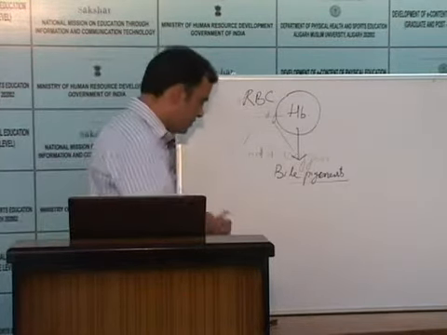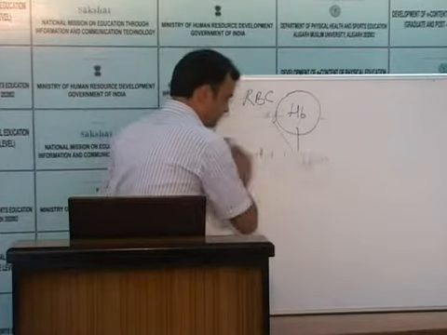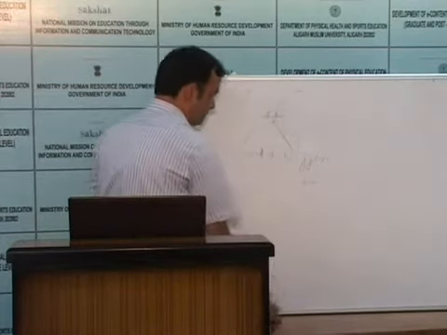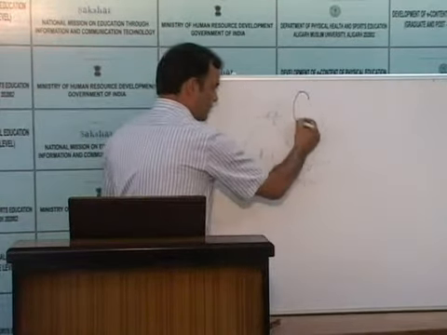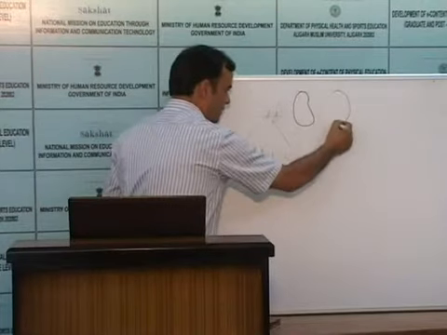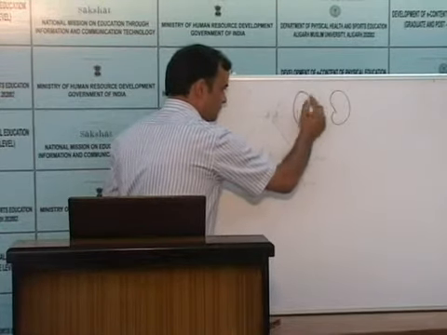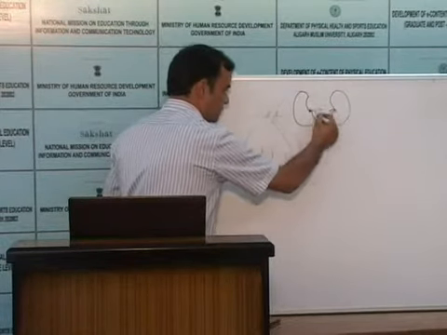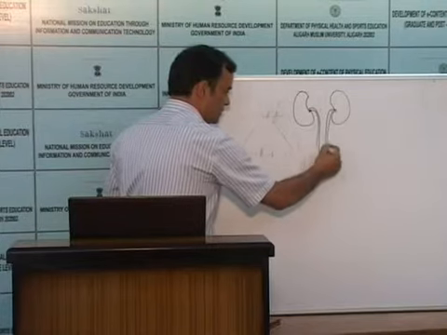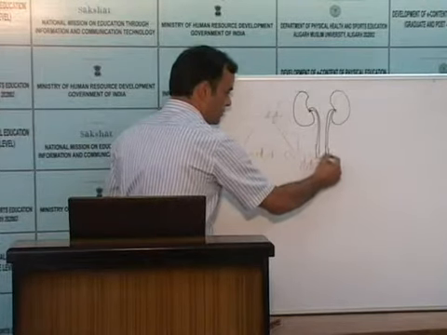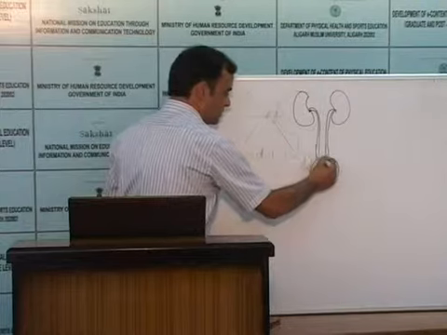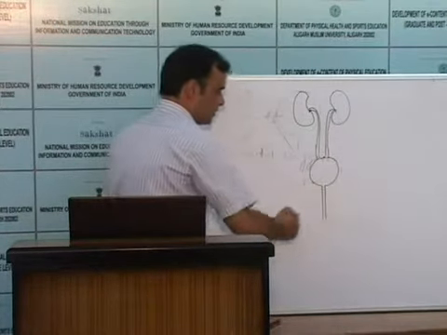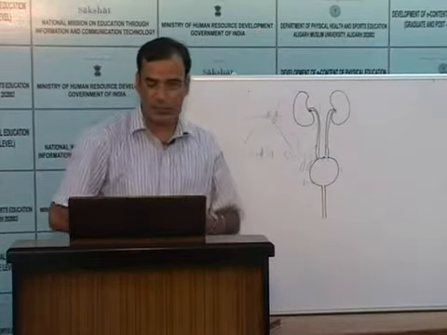In this diagram you can see we have a pair of kidneys. From these kidneys come the ureters. These ureters open into a bag-like structure called the urinary bladder, and this urinary bladder then gives way to the urethra.